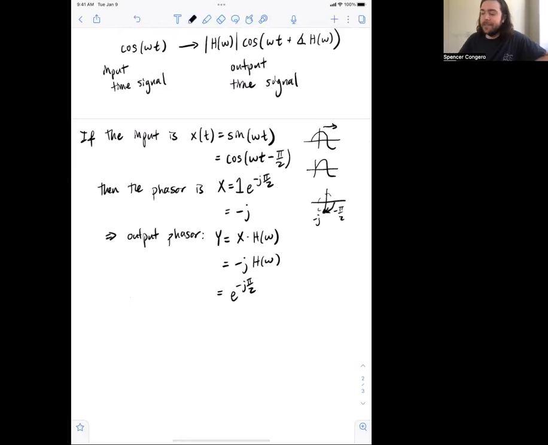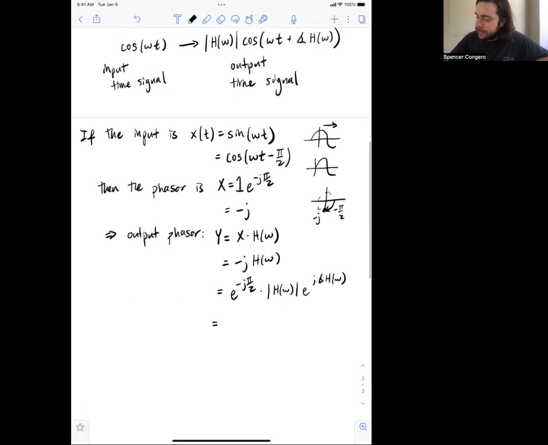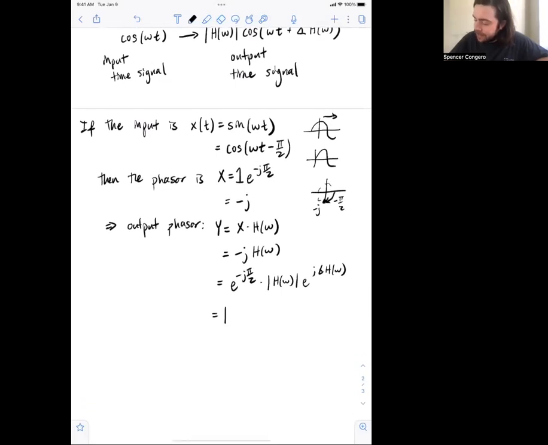I just wanted to review that that actually is just negative j. Okay, times H of omega, which we know is the magnitude of H of omega times e to the j angle of H of omega. Now I can combine the phases, and I just get the magnitude of H of omega times e to the j, and I have angle of H of omega minus pi over 2.